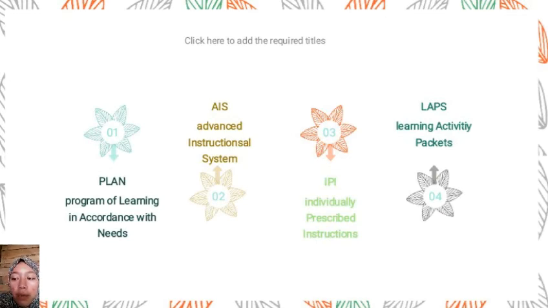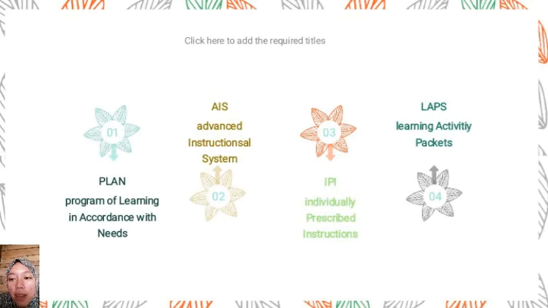The functions of the AIS are similar to those provided by PLAN, except that the Advanced Instructional System contains its own instructional materials and authoring system, and is currently available commercially as computer software.